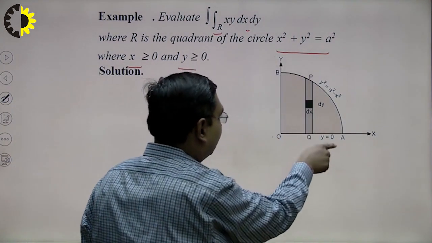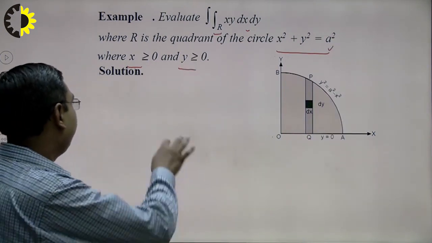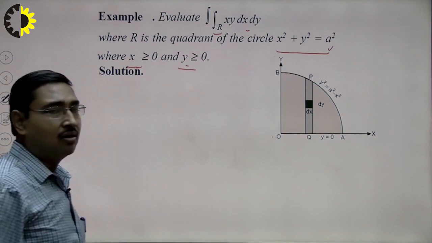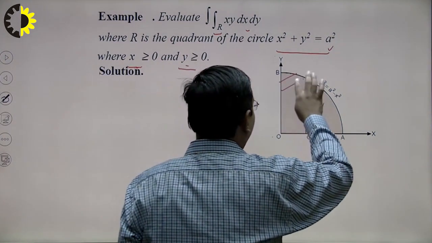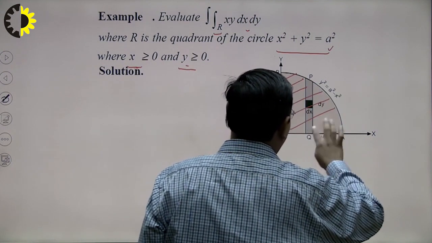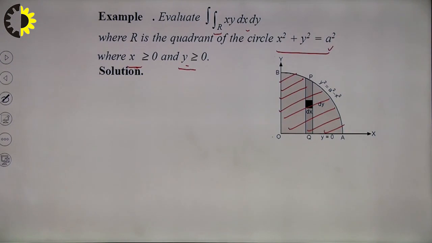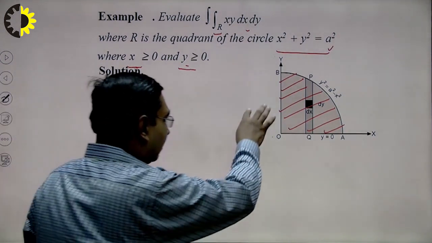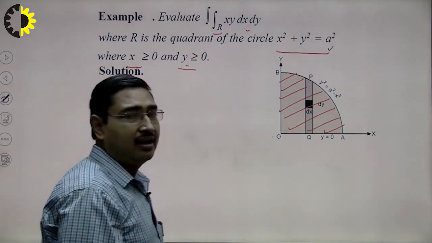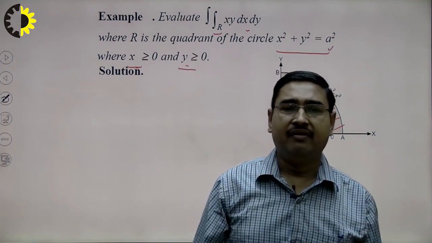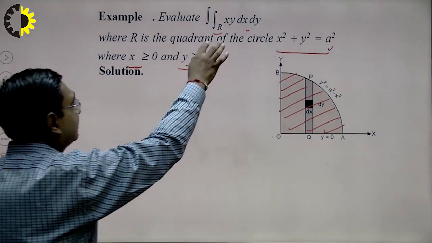This is our circle x square plus y square equal to a square. Because we were supposed to consider only non-negative values of x and y, this area lying in first quadrant bounded by this circle is our region of integration. Now, after drawing the region of integration, we shall find limits of x and y with the help of this region of integration, which is named as R here.